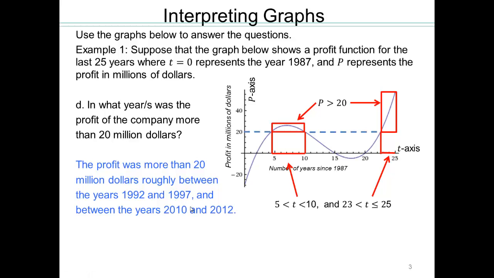You can see we are approximating a little bit because it's not quite 5, it's just a little bit under, but we can't read off those points carefully from the graph, so we have to estimate. And then, of course, here you have 23 onwards, which means 2010 to 2012. So the profit was more than $20 million from 1992 through 1997, and then from 2010 through 2012.